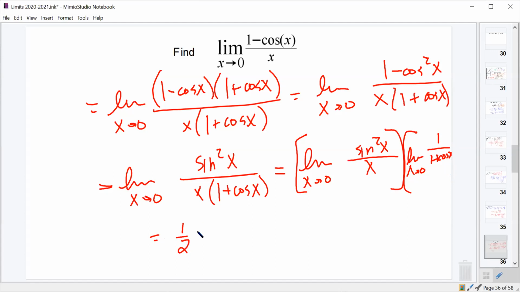So we've got 1/2 of the limit as x approaches 0 of sine squared x over x. So that's fine. Now we've got rid of the 1 plus cosine x by writing it as a separate limit. But you can't just pull the 1 plus cosine x out until you've evaluated that piece of it. Everybody okay with that step?